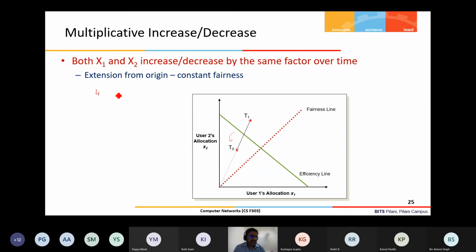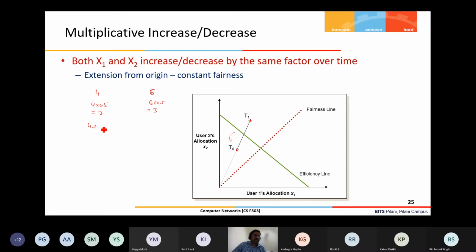So suppose one user has 4 and another user has 6. Then 4 will increase by a 0.5 factor, and 6 will also increase by 0.5. So this will give me 2, this will give me 3.